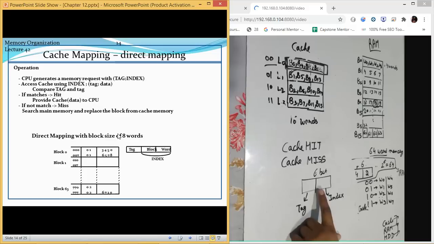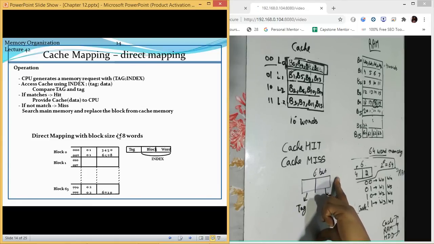But the total 6 bits are generated, and it divides into tag and index, and the index is further divided into two parts. One is the block and the other one is the word. Either you want to call it word or block offset.